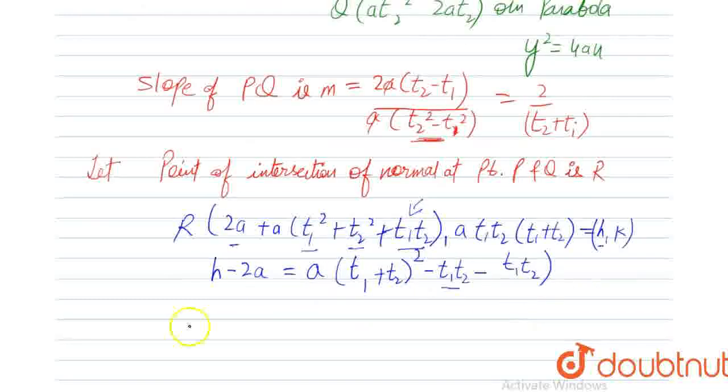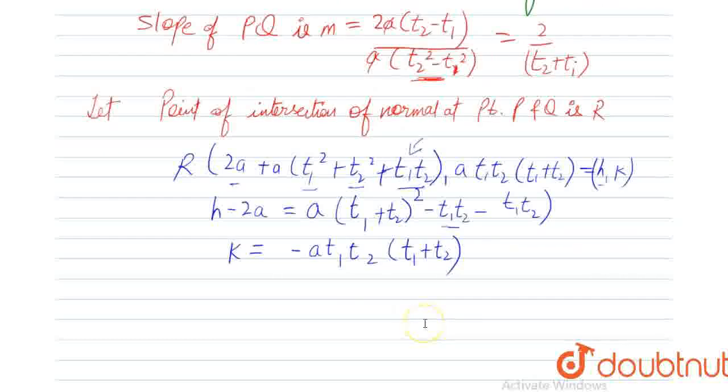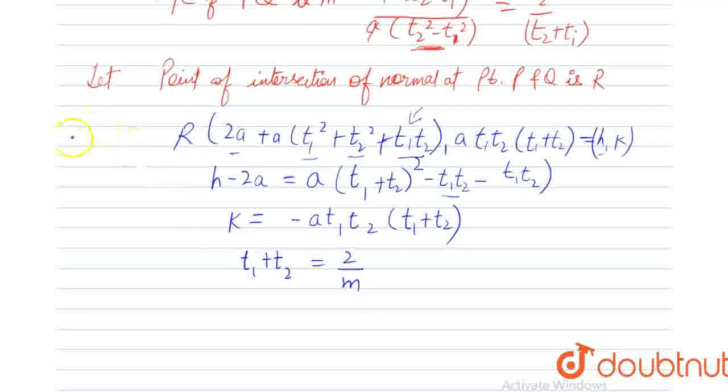And then we can compare k, which is equal to minus a t1 t2 (t1 plus t2). If we find the value of t1 plus t2, we simply add both of them and get 2 upon m, because we need to find it in this format.